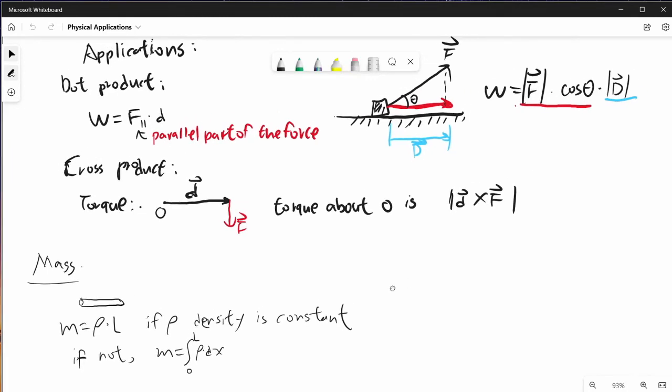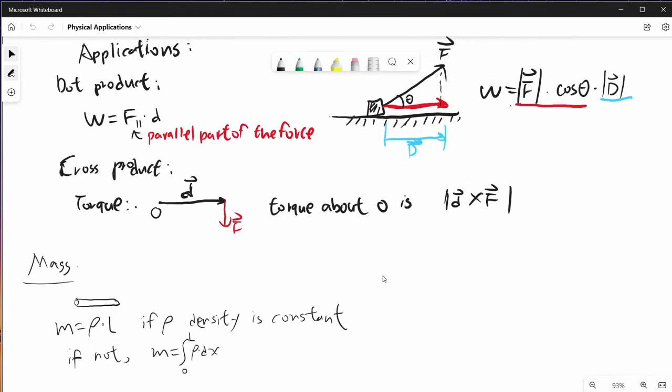Moving on, mass. So you're given a rod that has constant rho, which is this density. With a constant rho, the mass of that object will be the unit density times how many units of length there are, right?